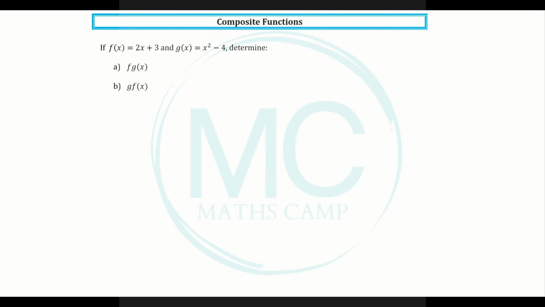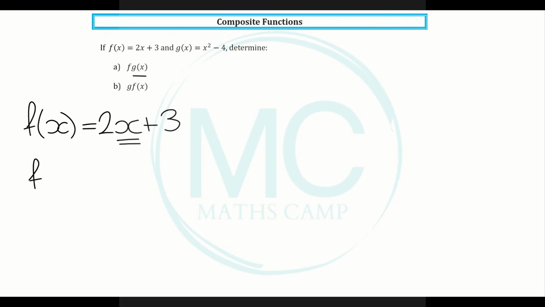Let's look at an example. If f of x is equal to 2x plus 3 and g of x is equal to x squared minus 4, determine part A, f g of x. Here, g of x is the input function. So we need to substitute the equation for g of x into the equation for f of x. So let's start with f of x. I can say f of x is equal to 2x plus 3. Now we substitute the equation of g of x into x.